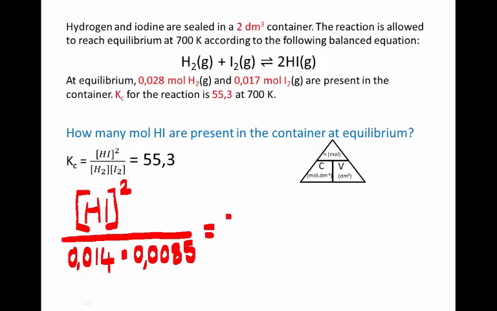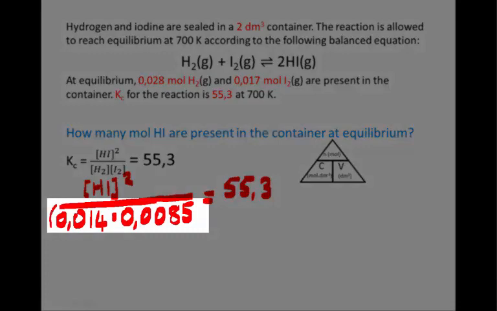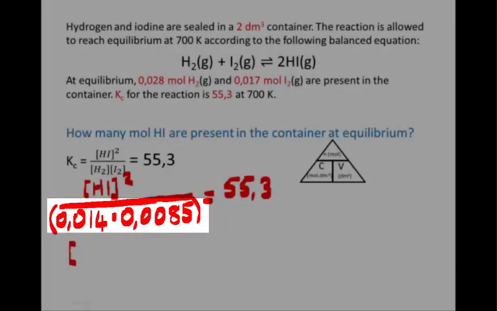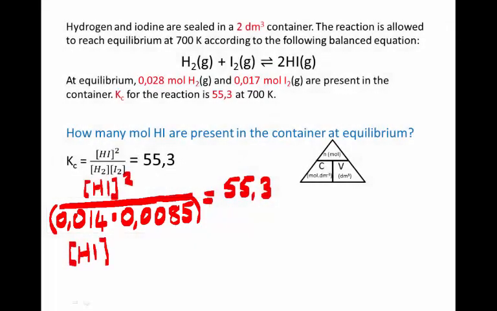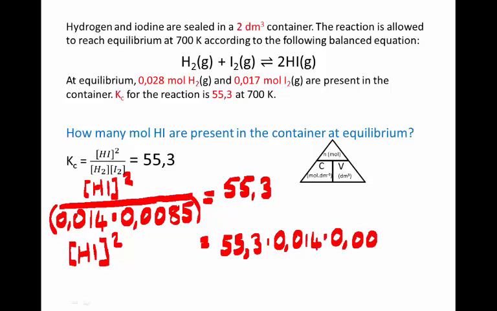And that equals 55,3. So we multiply both sides by this number. To clear the fraction here, we have HI concentration squared is equal to 55,3 multiplied by 0,014 multiplied by 0,0085. We square root both sides.